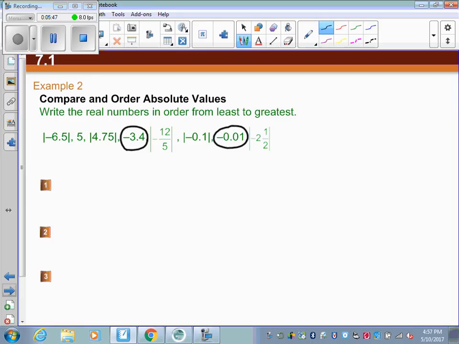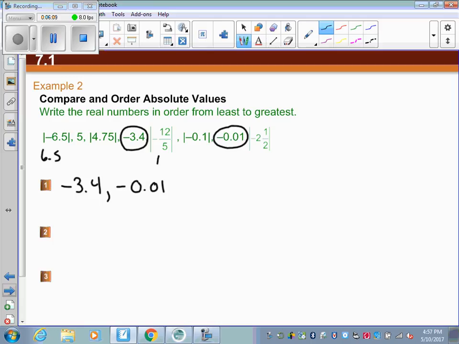So from least to greatest, this is the absolute least, negative 3.4, and then negative 0.01. After that, the rest of them are all absolute values, so they're all turning positive. So this would be 6.5. That one's already 5. This one's already 4.75.